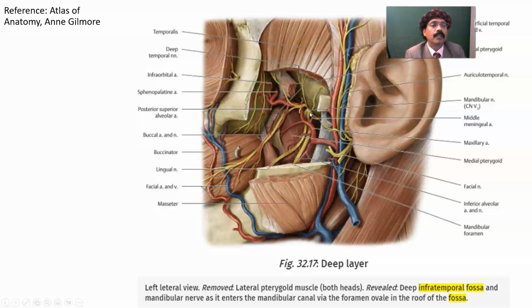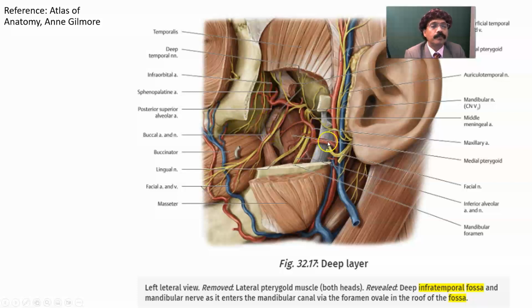Okay, and we'll get the vessels like posterior superior alveolar artery. These are branches of the maxillary artery that will supply the upper jaw teeth area.